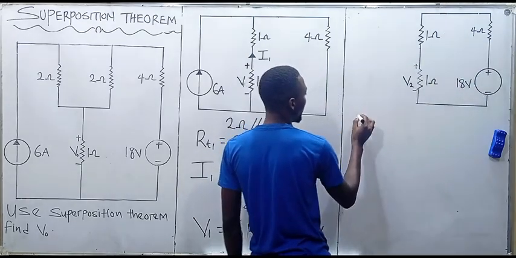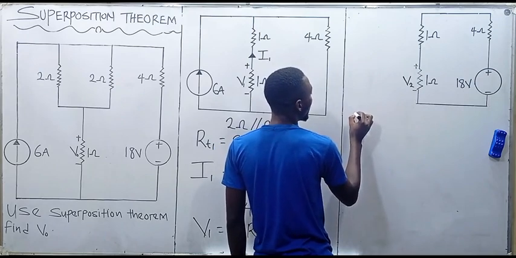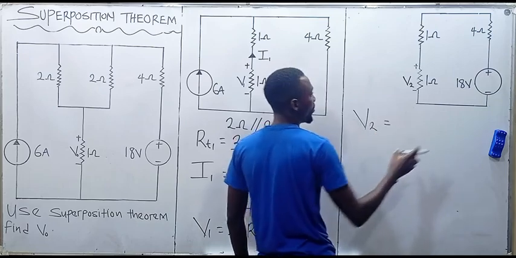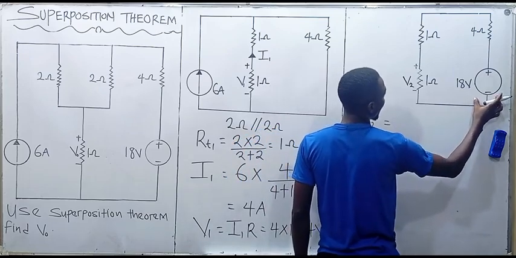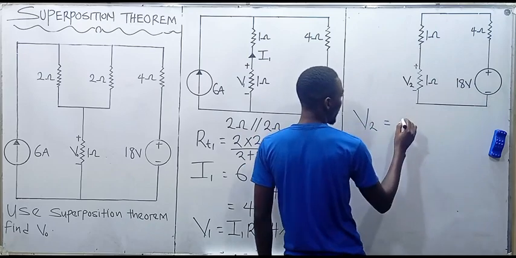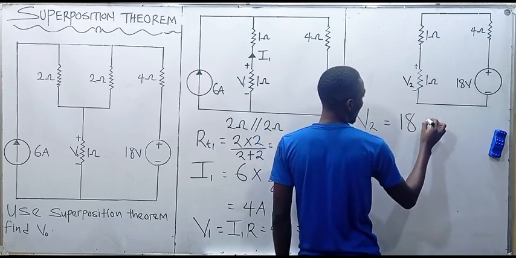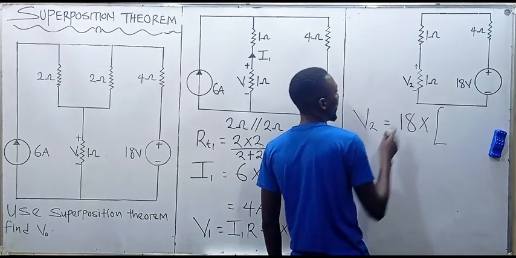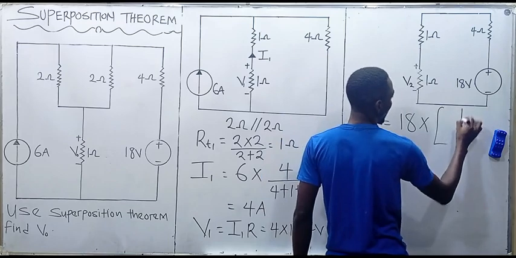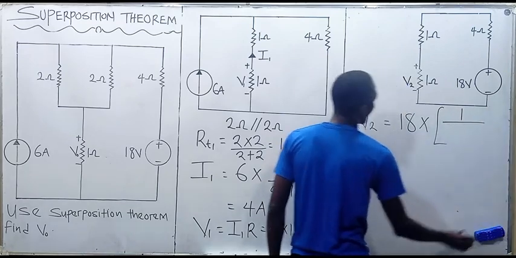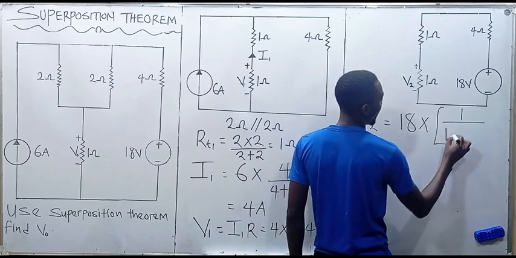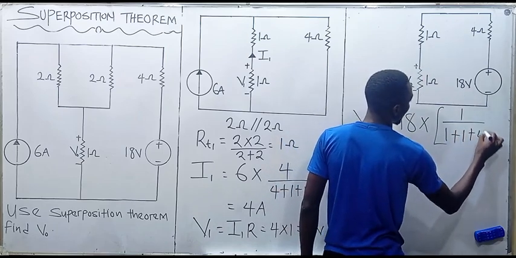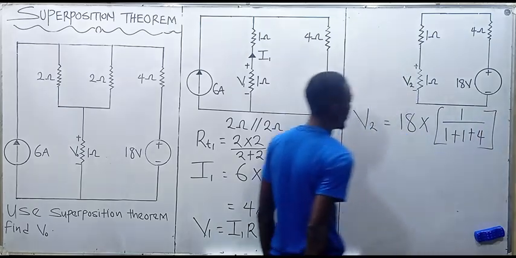We know from our voltage division rule, V2 will be equal to the voltage that is entering the circuit, which is 18, multiplied by 1 all over 1 plus, since everything is in series, 1 plus 4.